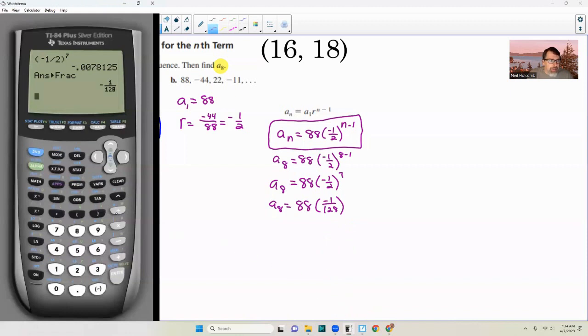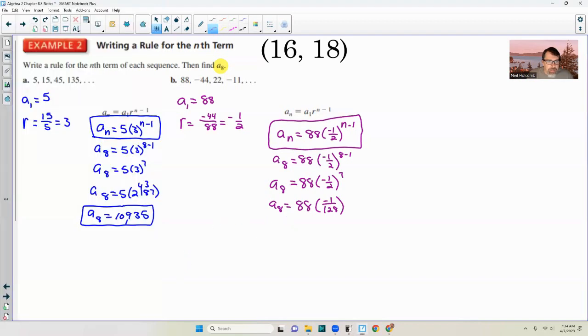Then I can just use my calculator and say times 88 and get negative 11/16. So a sub 8 is negative 11/16. So there's my 8th term taken from the rule we found for these values.